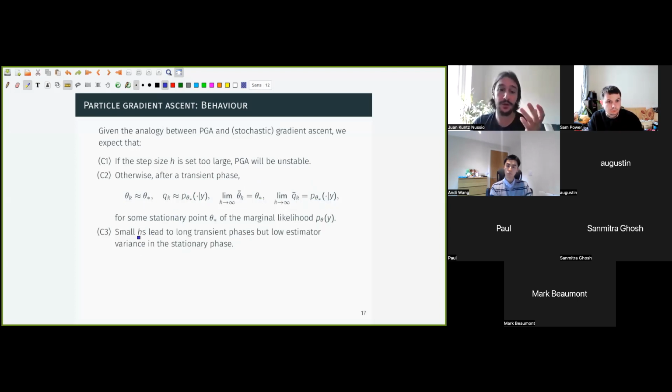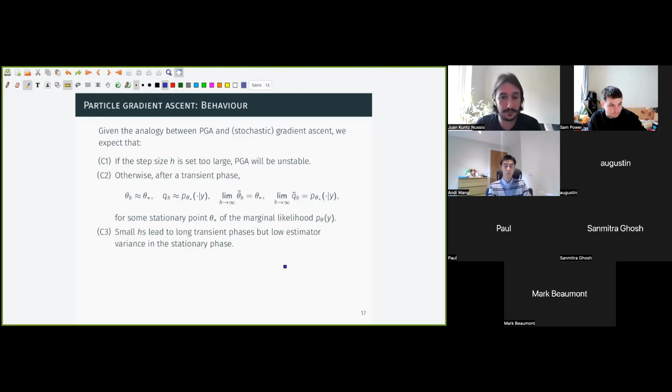And lastly, the smaller you pick h, the longer you'll have a transient phase, because it takes you longer to burn through it, but the lower estimator variance you'll have in the stationary phase, because you'll be hovering around this optimum point and taking very small steps around.